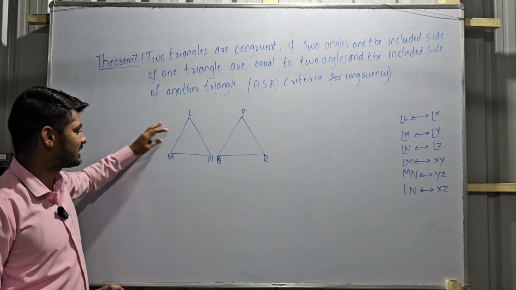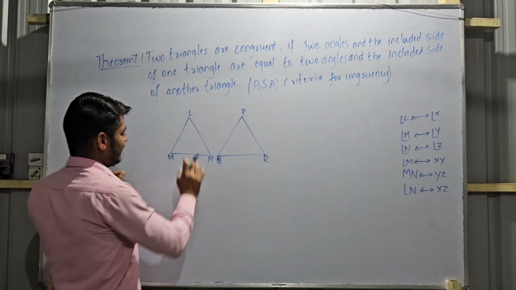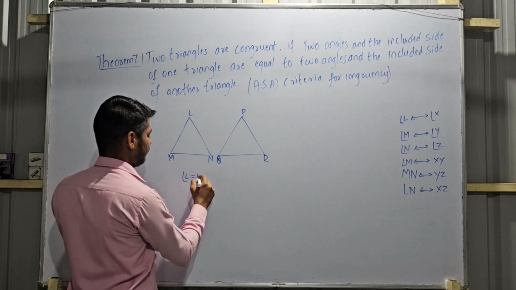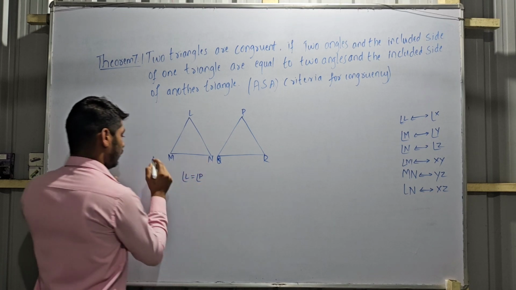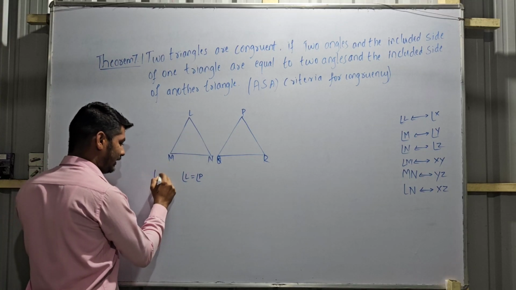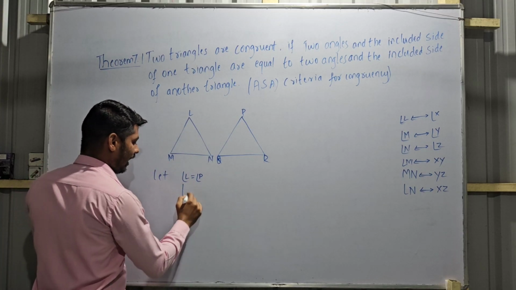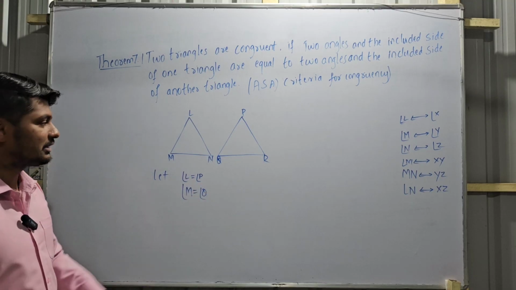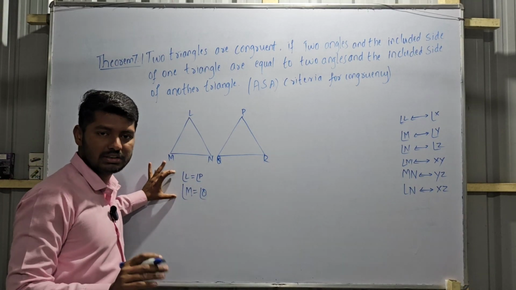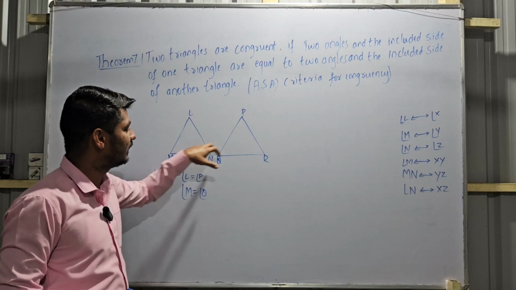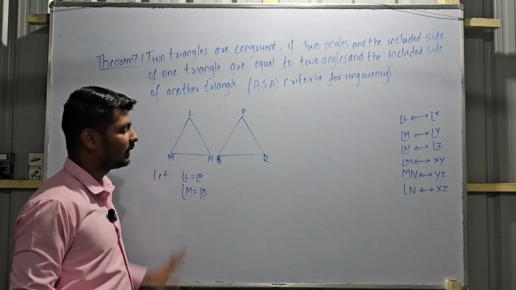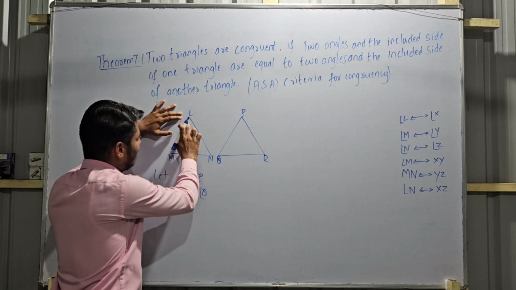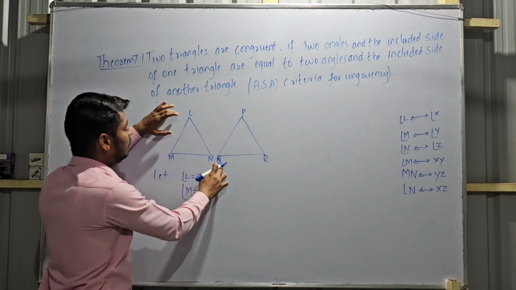So we will select the angles: let angle L equal to angle P, angle M equal to angle Q. We can't take angle N and angle R here, because angle L equals angle P and angle M equals angle Q.